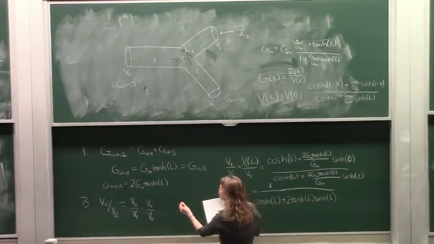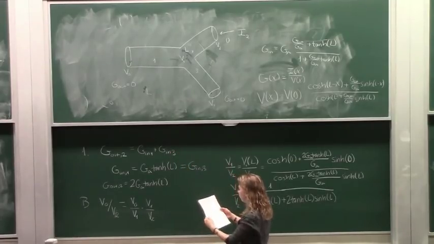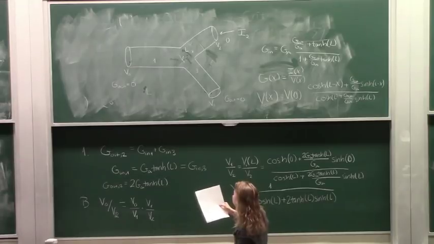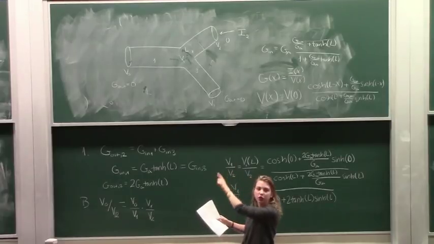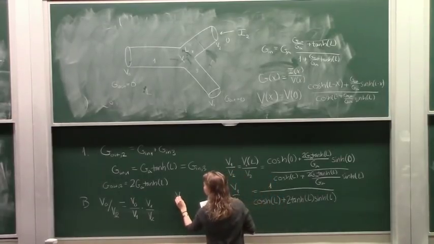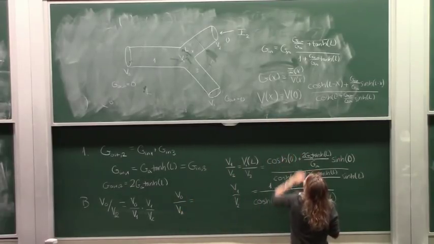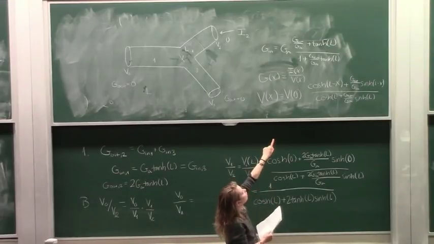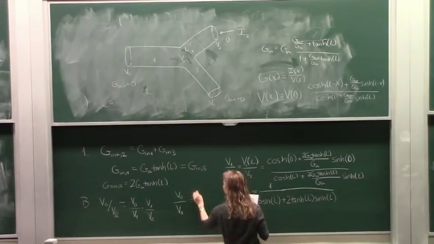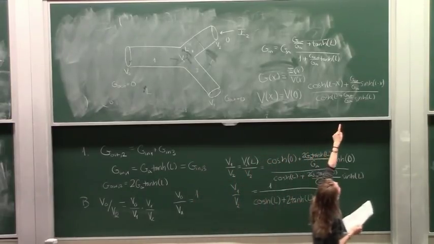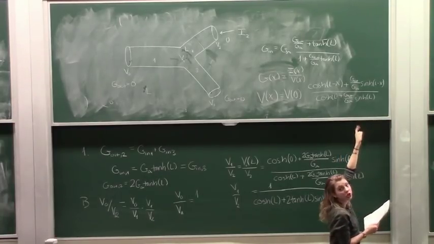We notice that G out at V0 is 0 from the sealed end condition, and the distance at which we evaluate V0 is L, because the length of branch 1 is L. So you can plug in: V of X over V0 is equal to hyperbolic cosine of L minus L, so hyperbolic cosine of 0, which is just 1, plus G out, which is 0, over G infinity times sinh of L minus L, which goes to 0 since G out is 0.